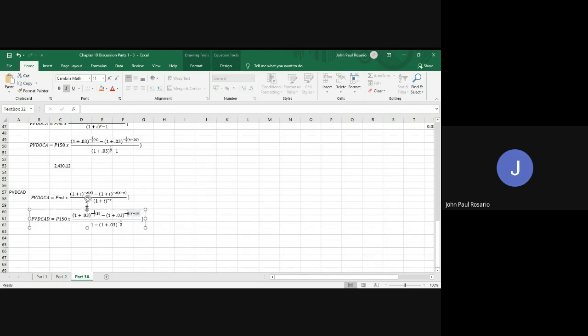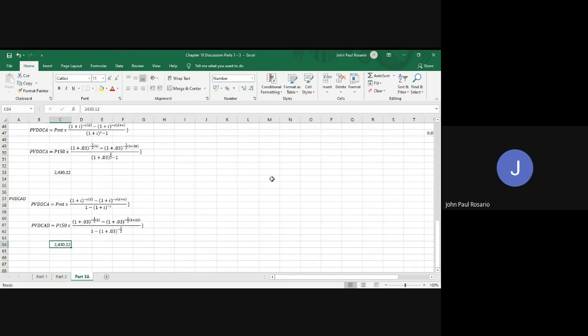This should give us the same amount whether it's annuity due or ordinary annuity.